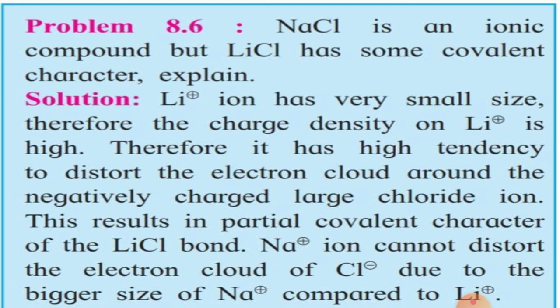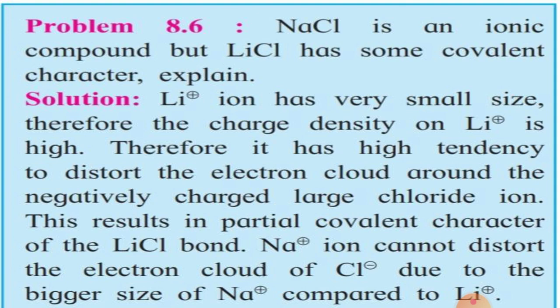Hence, it has a high tendency to distort the electron cloud around a negatively charged large chloride ion. Due to this, it results in partial covalent character between the lithium and chlorine bond.